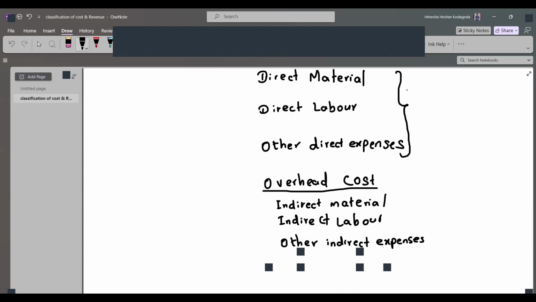The total of these three, can anyone tell me what the name is? Any name? Prime cost. We did this one in the O levels also, right?